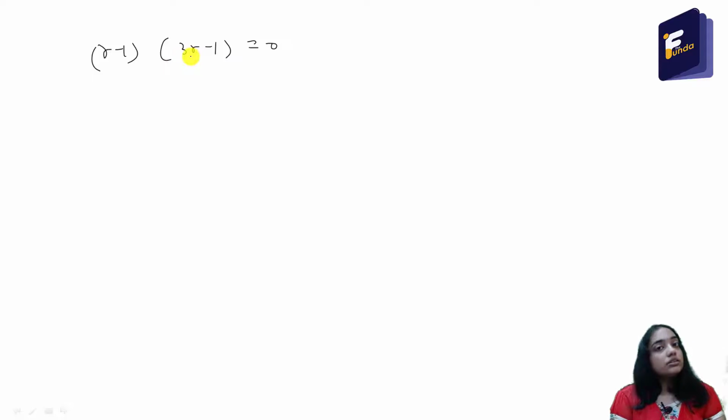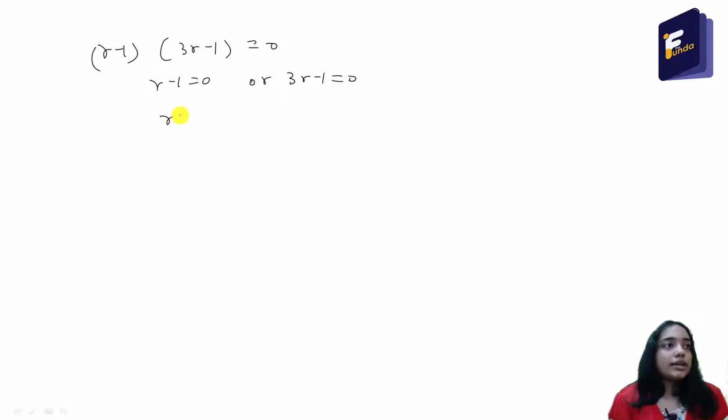The product of two numbers is 0 when any one of those numbers is 0. So it may be that r minus 1 equals 0, or it may be 3r minus 1 equals 0. So r can have a value of 1, or by solving this, r is equal to 1 by 3.